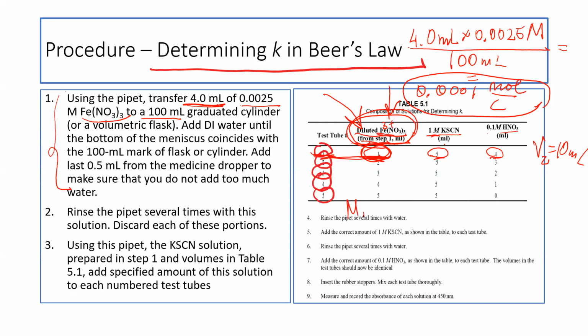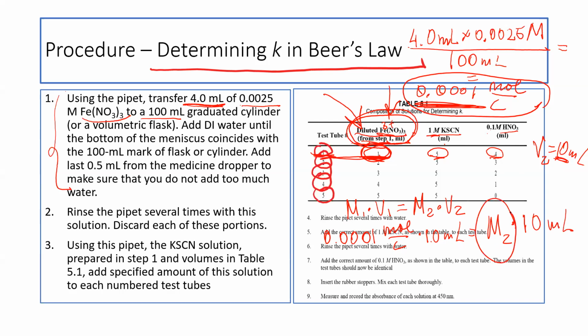Again, M1 times V1 is equal to M2 times V2. M1 is this one, 0.0001 moles per liter. V1, 1 milliliter, is equal to M2 times 10. The total volume is 10. This is how we can calculate the concentration of prepared solutions.